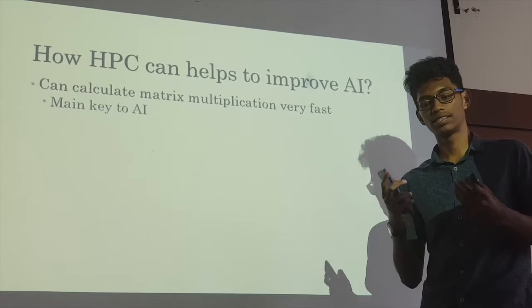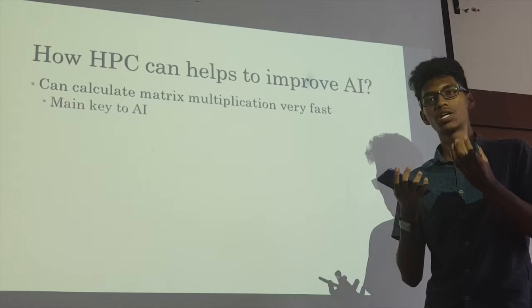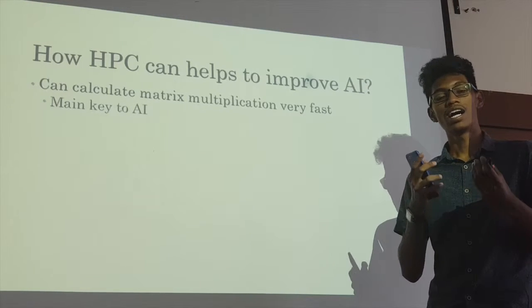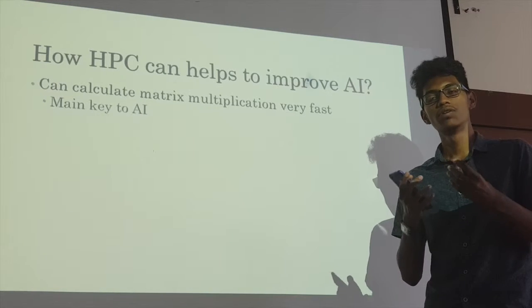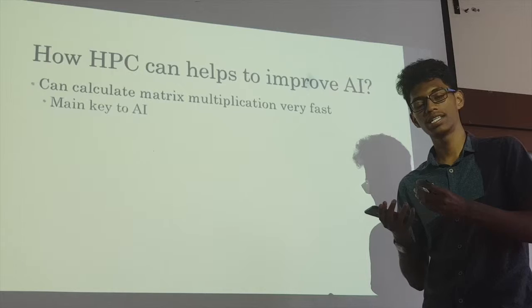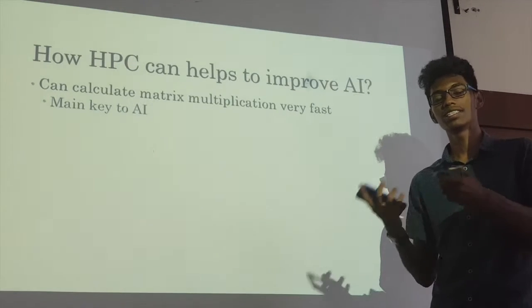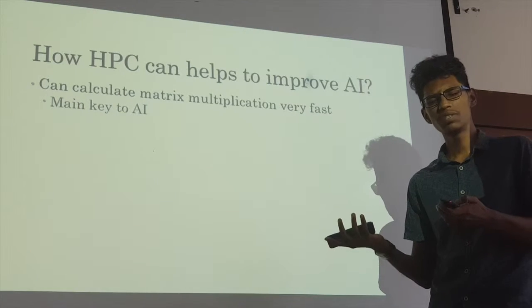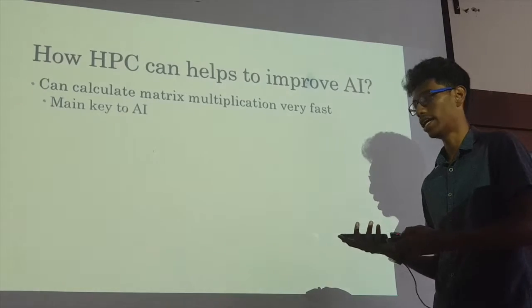The HPC contains more processors, a high volume of processors, and graphic cards, which can do the matrix multiplication very fast. Matrix multiplication is a very important thing in AI.